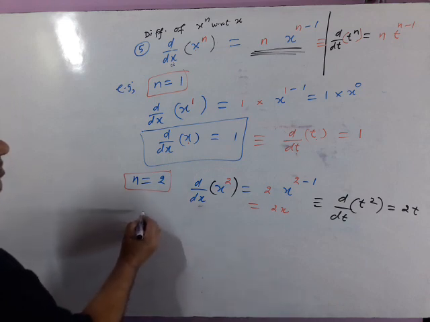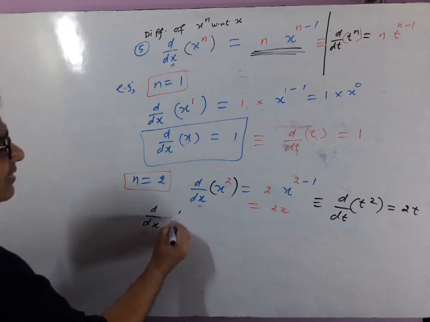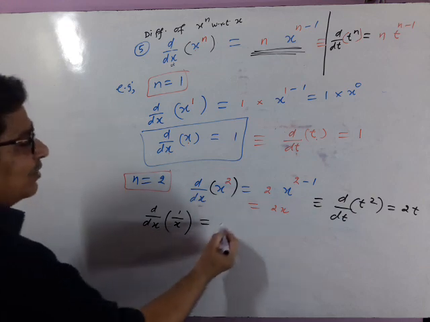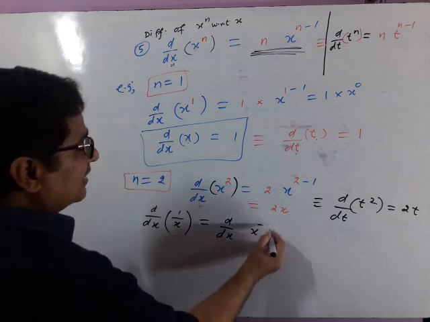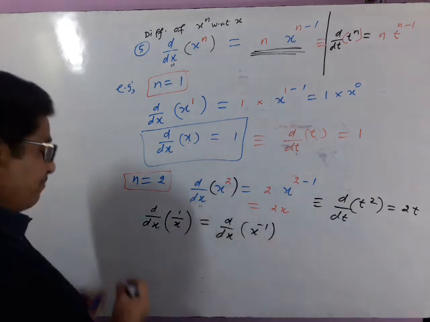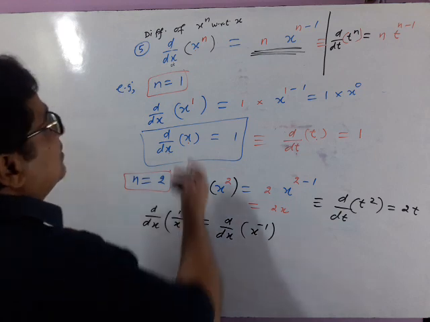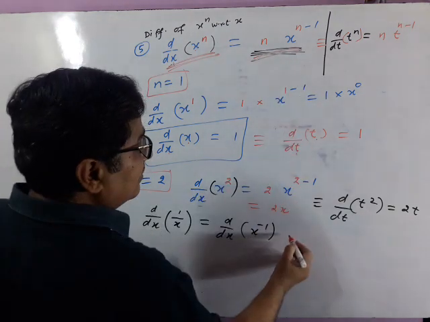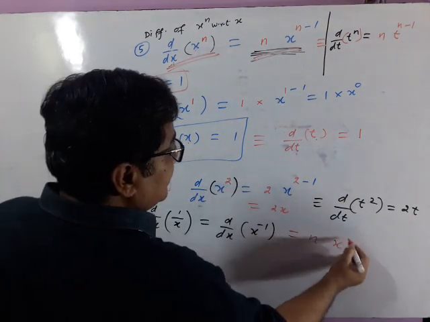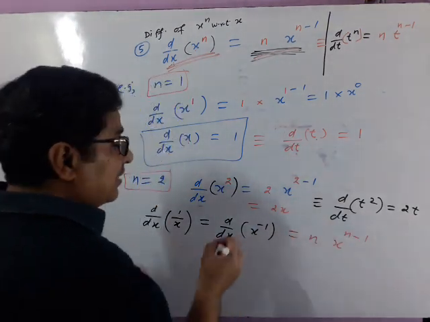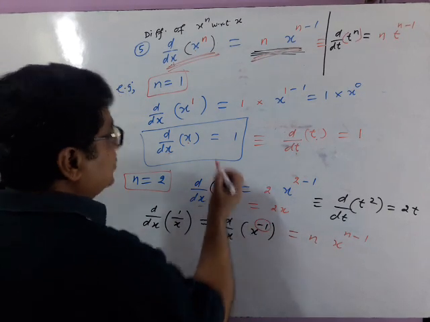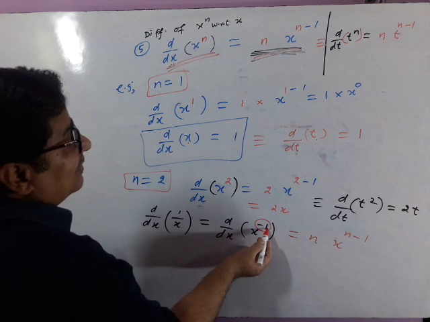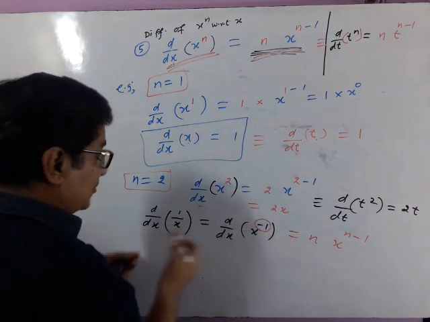Now once again a special one. If I say dy/dx of 1 upon x, how to solve it? See, 1 upon x means x raised to the power minus 1. Now tell me the formula. Differentiation of x raised to the power n is n x raised to the power n minus 1. Now focus. In the question, we have x raised to the power minus 1, so n will be minus 1.